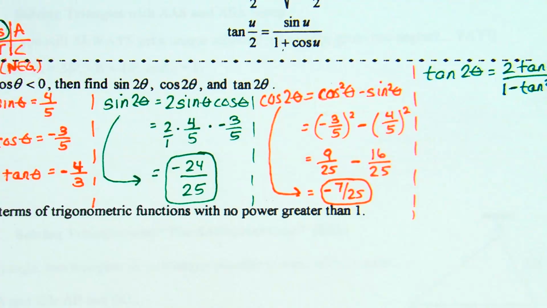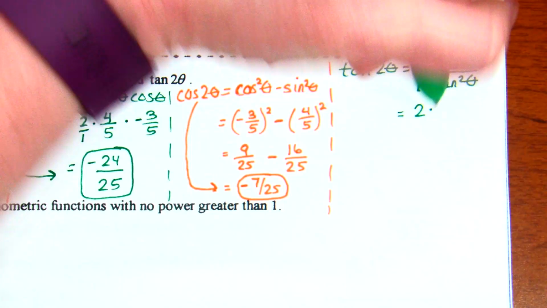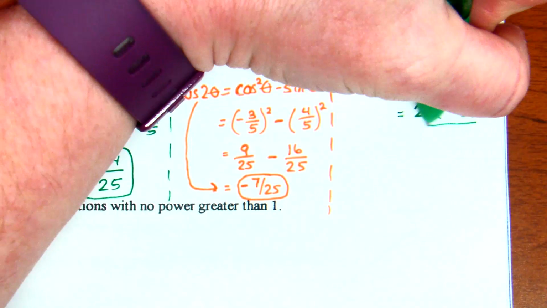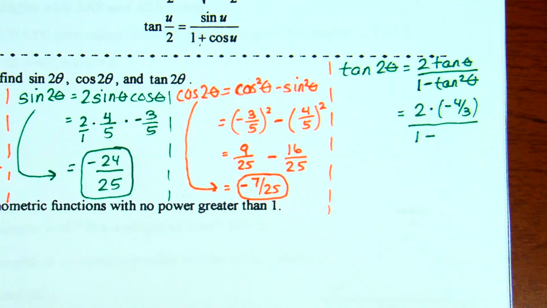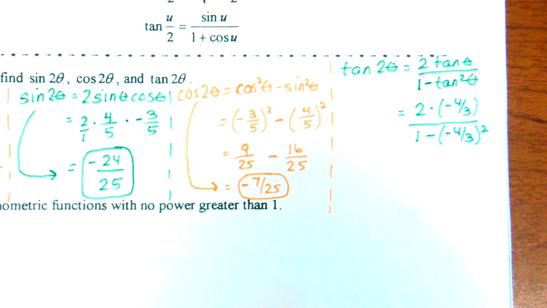Fill in the pieces to begin with, right? 2 tangent theta, so 2 times negative 4/3 over 1 minus tangent squared, so negative 4/3 squared.